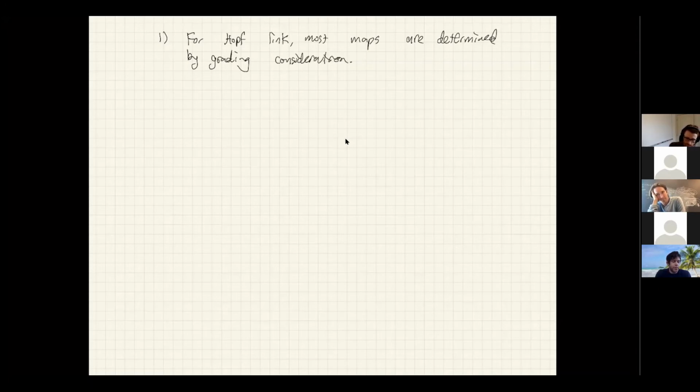The only one that isn't is the length 2 map, which has two valid choices up to homotopy. And that is some source of consternation, I guess.